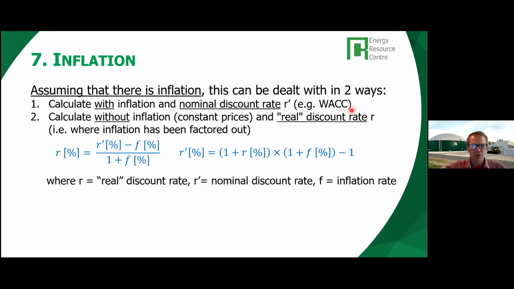This is already included. The same goes for what an investor will require as a minimum rate, because he knows that the money he has today that he can invest has a certain value, and he knows that future cash flows, because of inflation, will be worth less, and that is already usually included in his expected return on invested capital.